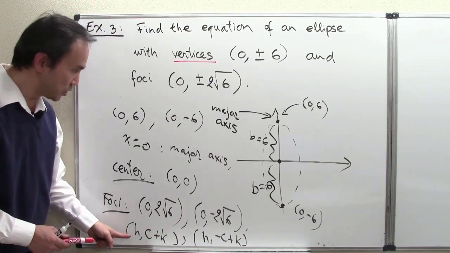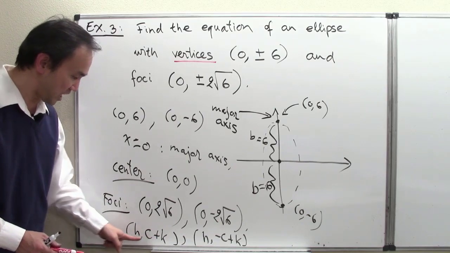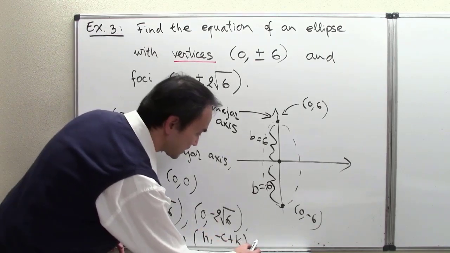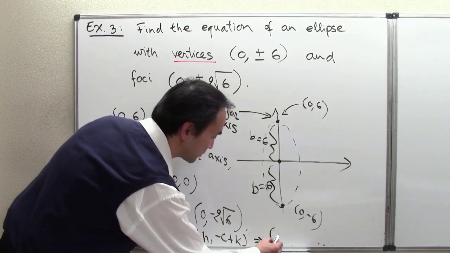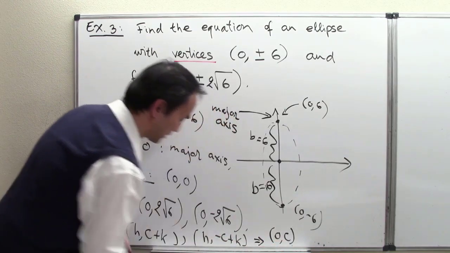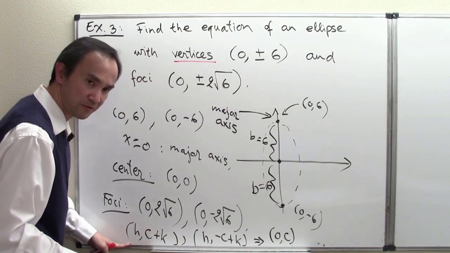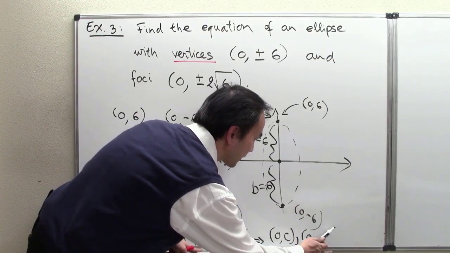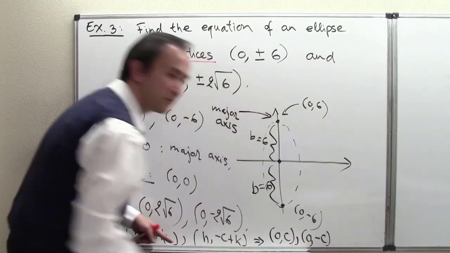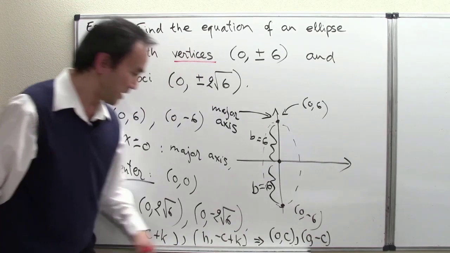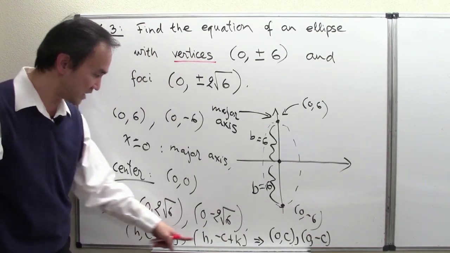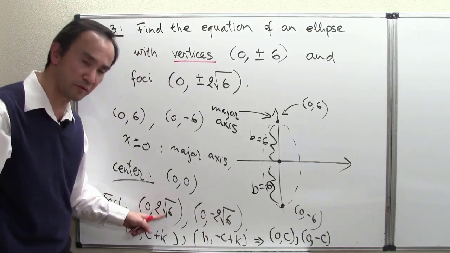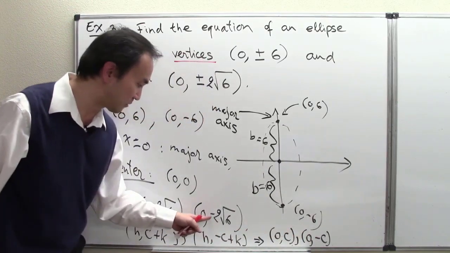But we knew from earlier that our center h, k is 0. So that means our foci in this particular problem have to be simply 0 for h and +c for one of the foci, and then 0 for h and -c for the other focus. So in that case, it follows easily that c has to equal 2 square root of 6 and -c equals -2 square root of 6.